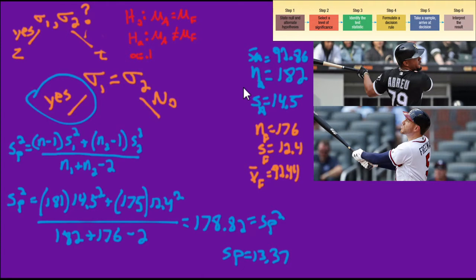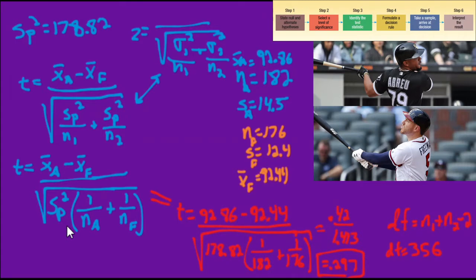And so we walked through the process of pooling that variance, taking the two S's each as an unbiased estimate for that underlying sigma. We smushed those together with a weighted average that gave us that pooled variance, this 178, and we used that to do the calculation, specifically the pooled t-test.